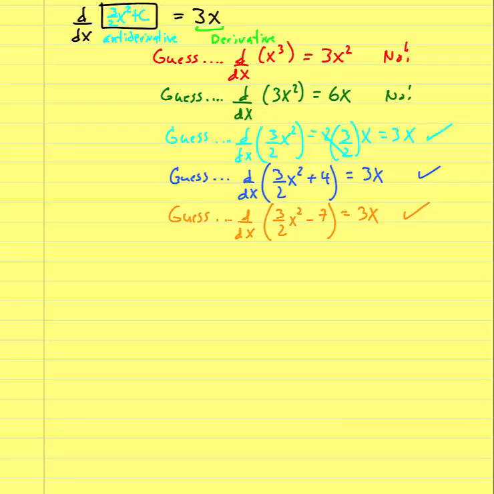Now originally when we would start working some of these story problems, we would be given a position function and the position function was given as s of t. And we would take the derivative of the position function to get the velocity function.